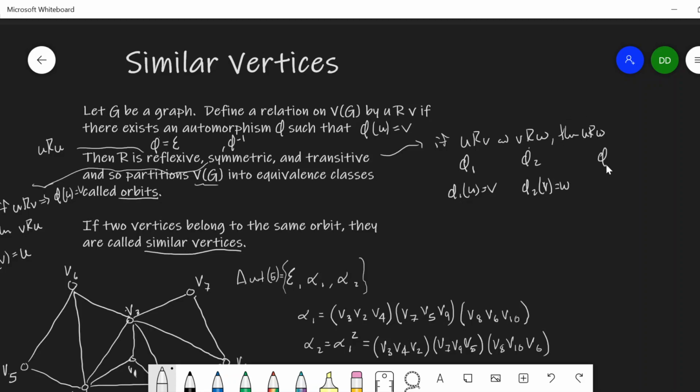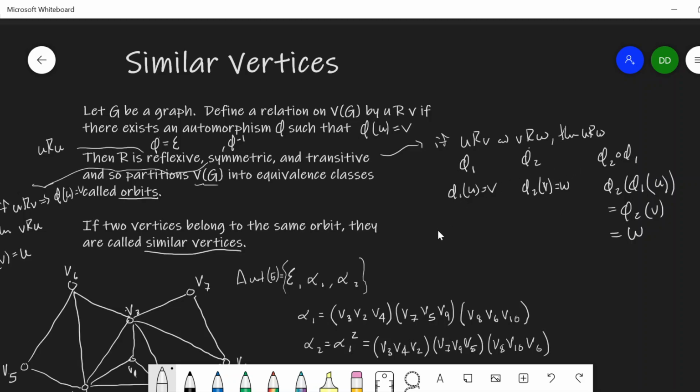That is, I can do phi 2 composed with phi 1. We can check: phi 2 of phi 1 of u, well, phi 1 of u is v, so this is phi 2 of v, and phi 2 of v is w. And so this automorphism, phi 2 circle phi 1, sends u to w. And so that means u relates to w, and hence it's transitive.